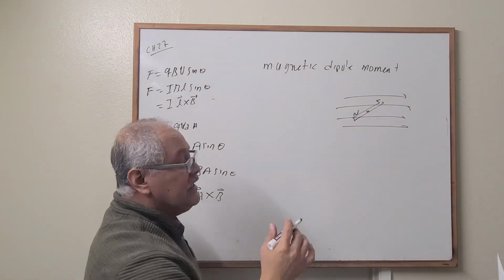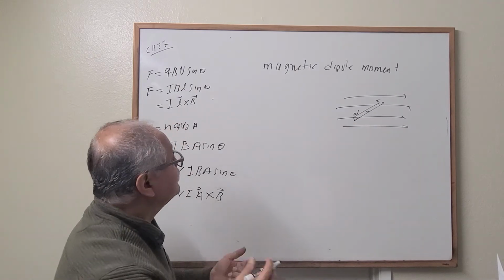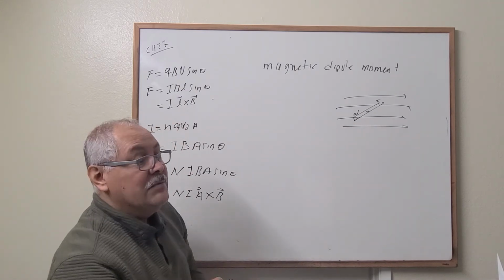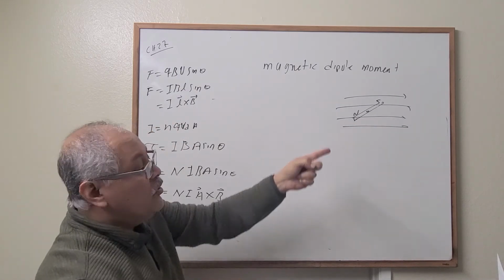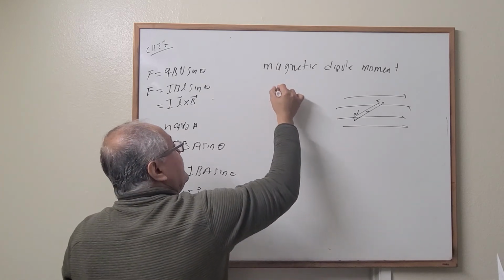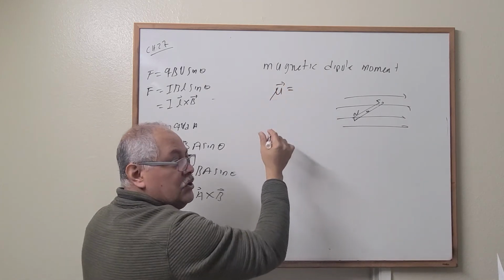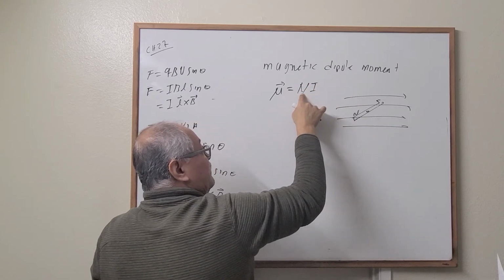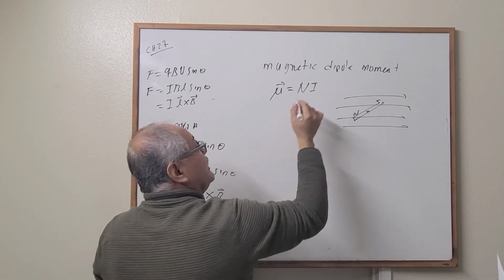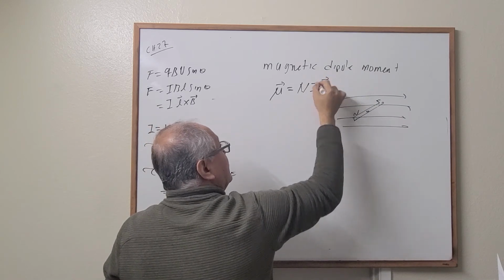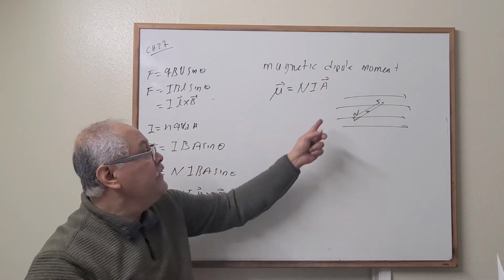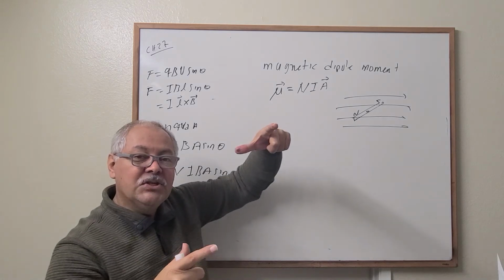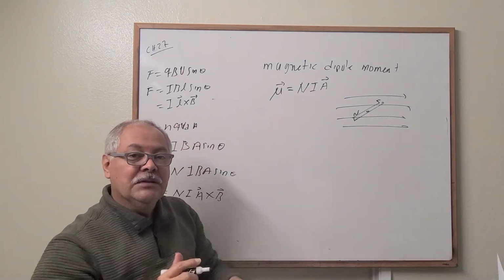Just as for the electric moment, we define the magnetic dipole moment as mu, a vector, equal to N, the number of turns, times the current times the area. The area is a vector, so it has a magnitude and a direction.